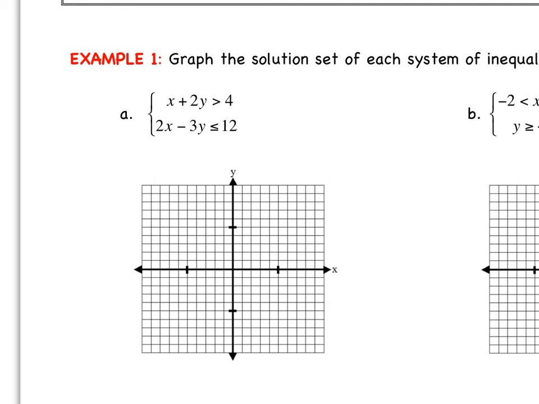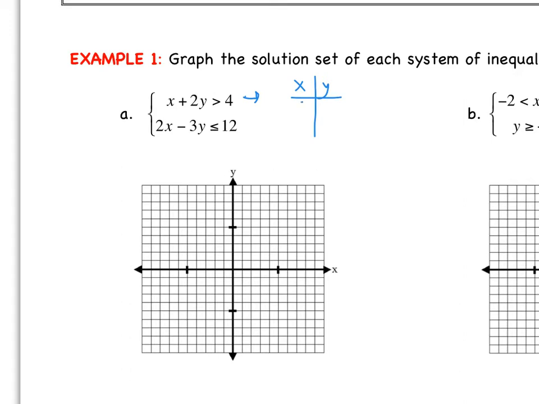All right, hopefully we recognize that x plus 2y is greater than 4 and 2x minus 3y less than or equal to 12 are both linear inequalities. So if we're going to graph this first one here, since we are in standard form, we can just come up with our ordered pairs, our intercepts.